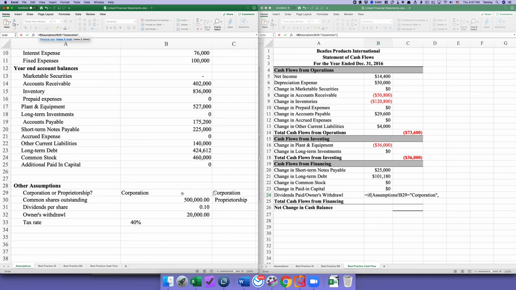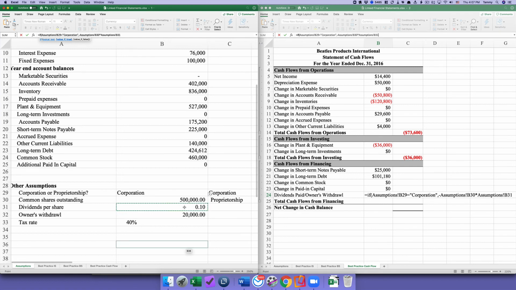Then, if it's corporation, then the amount of cash flow, first of all, it's going to be negative. And it's going to be the number of shares times the dividends per share.